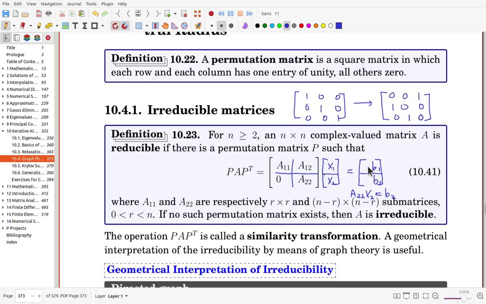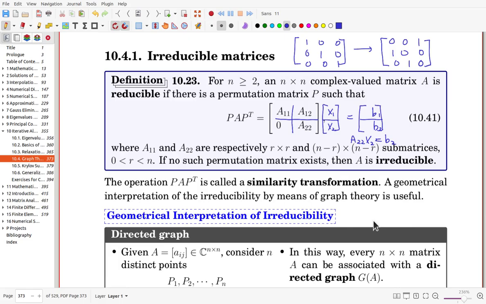So the system is solved in a reduced way. That's the reason that once a given matrix A can be transformed into this form, we say that the matrix is reducible. Otherwise, it is irreducible.